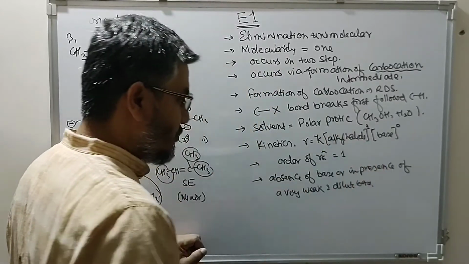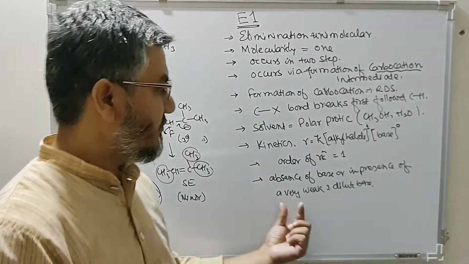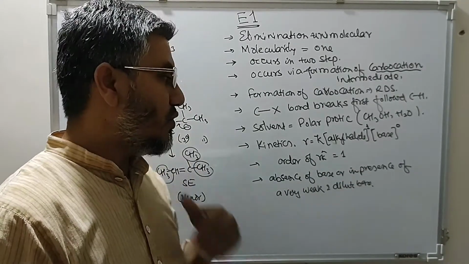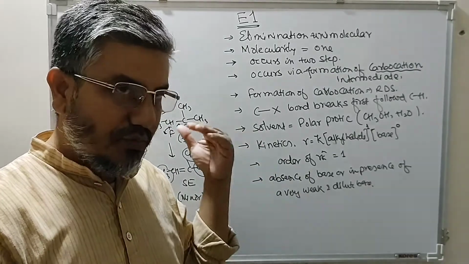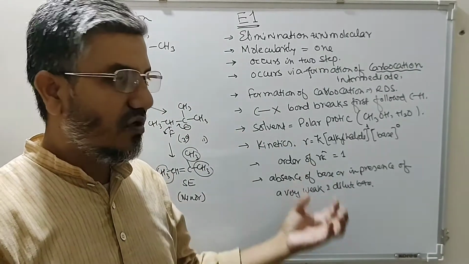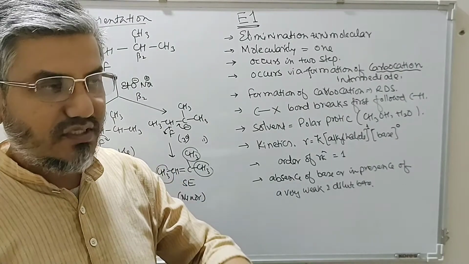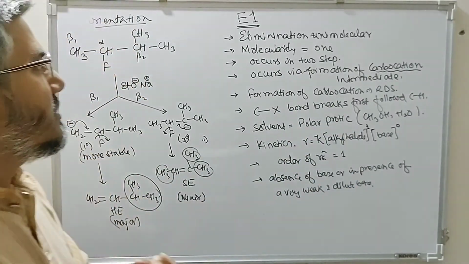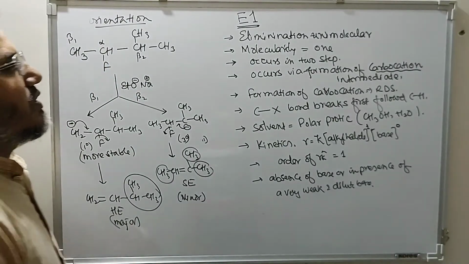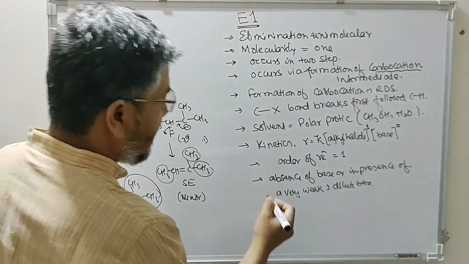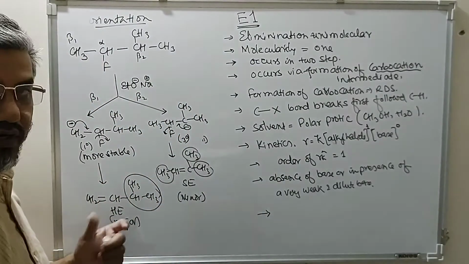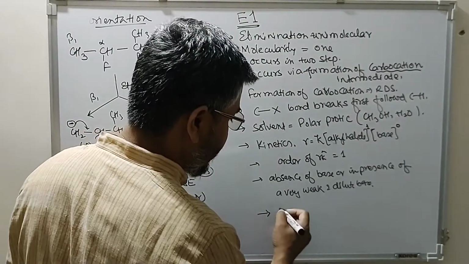If you have to use a base, then the base should be very weak and dilute, or in most cases the solvent used for the reaction will itself act as the base for this elimination reaction. Now in this E1 reaction, the orientation is always Saytzeff.